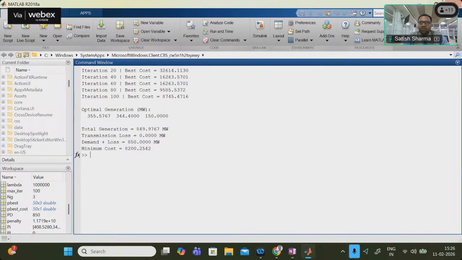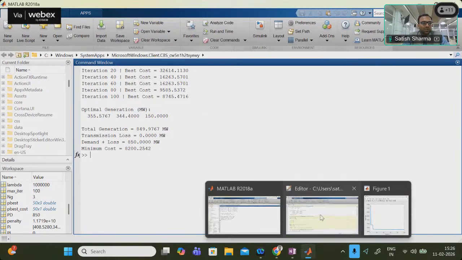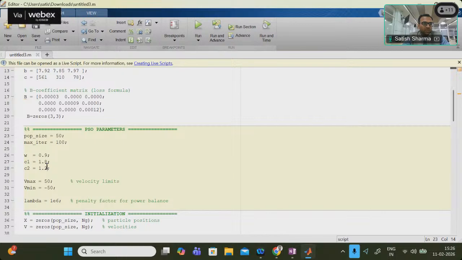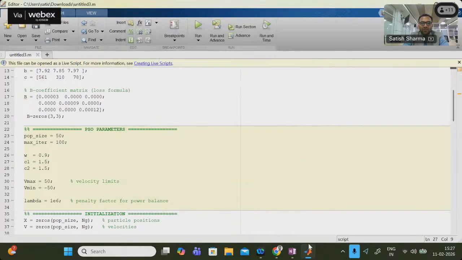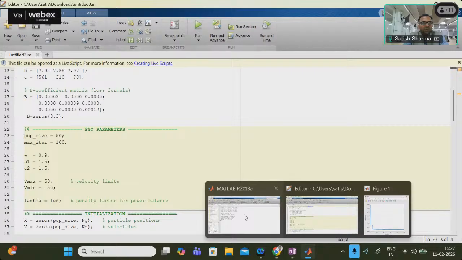Relatively the values are different, but let's say 5 and 5, keep both the weights equal and inertia weight very high, then we will get some different solution.